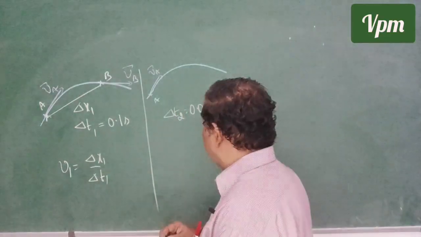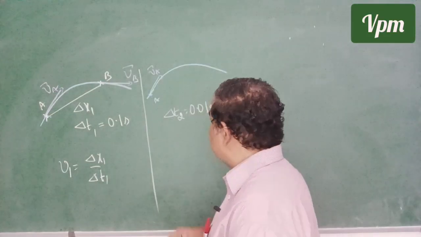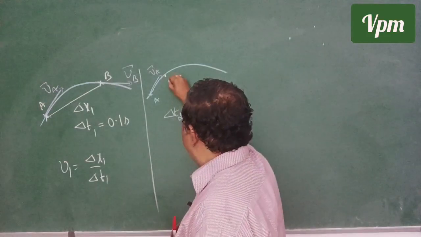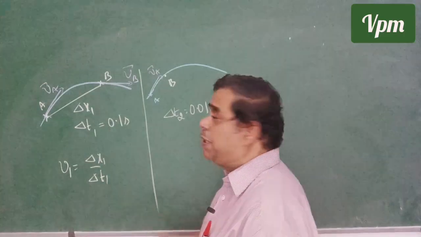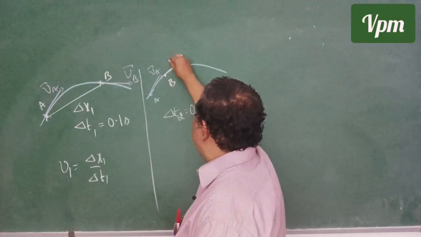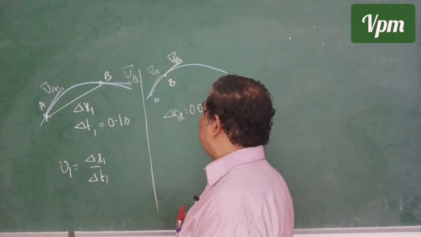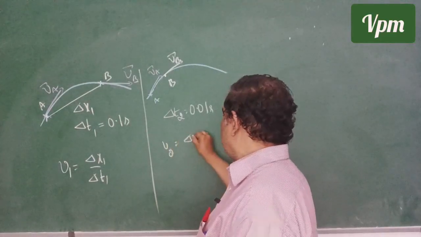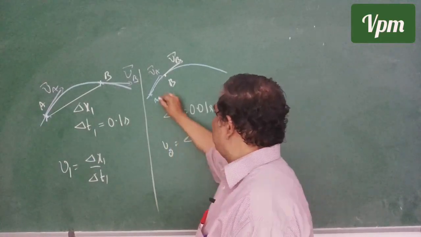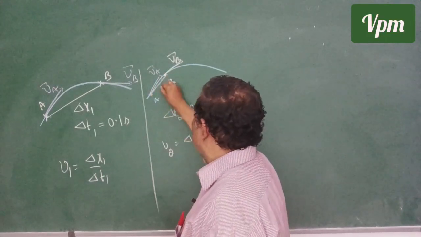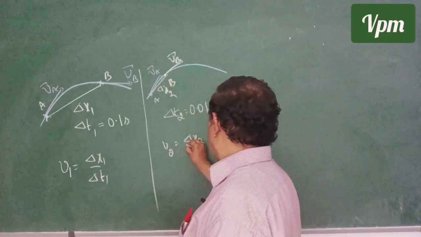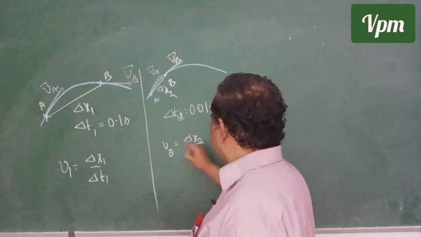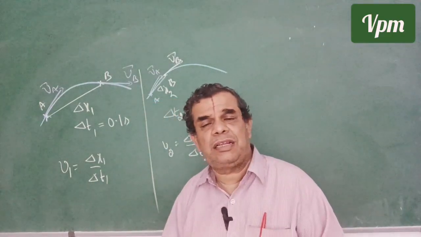Now, what will happen? Observe carefully. This will be somewhere here, and that will be VB. But even now, if I take the ratio delta x2, that is the distance between these, by delta t2, even it will not give me exactly VA.